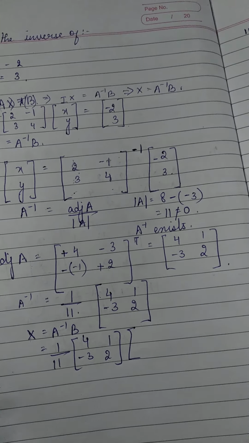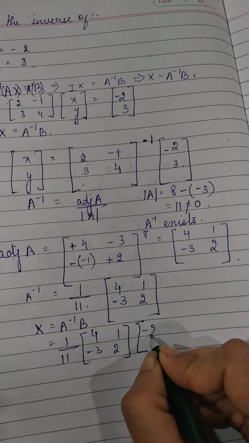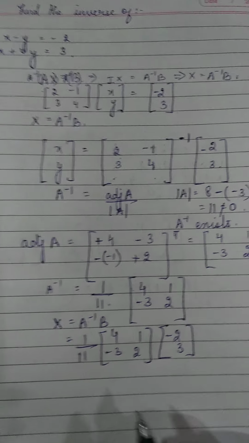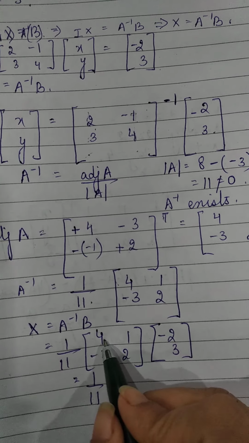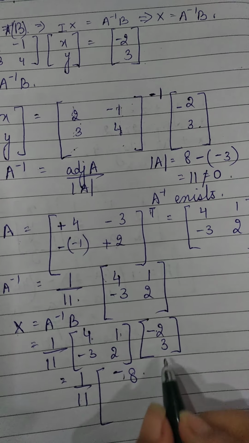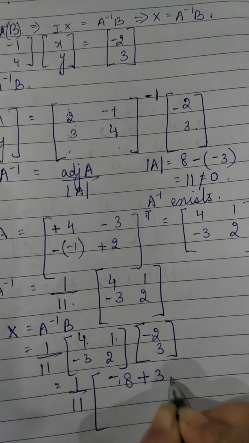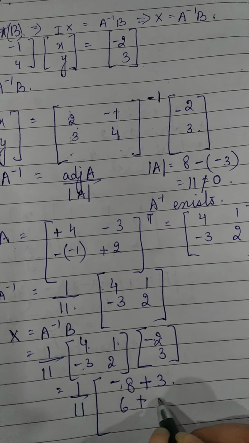And what is B? Matrix B is -2, 3. So let this 1 by 11 be here. 4 into -2 is -8 plus 3. Likewise, we have 6 plus 6.